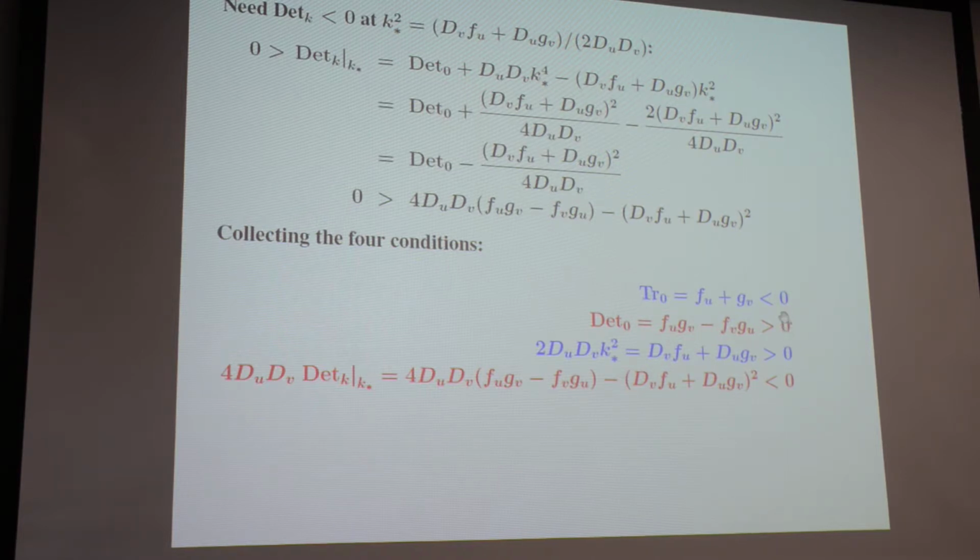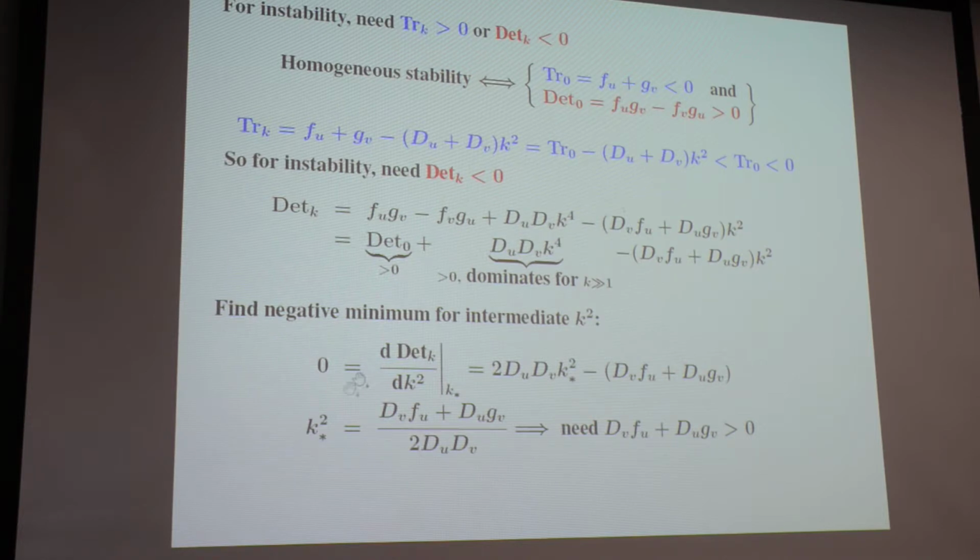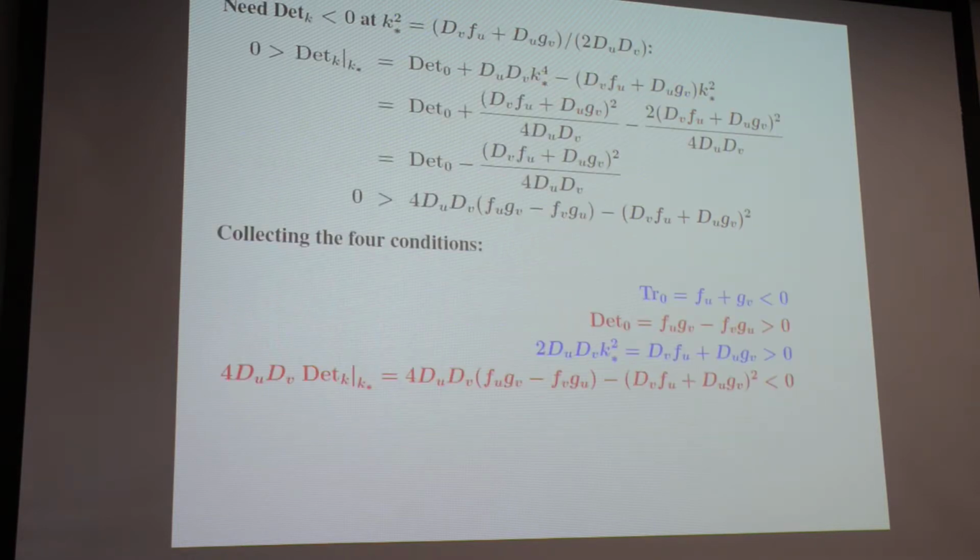The first two conditions just say that the homogeneous state is stable. The next 2 conditions are the ones that we just derived, that is to say, that the k squared that corresponds to the minimum is positive, and that the determinant at that place is negative. So those are the conditions for a Turing bifurcation, and that is the end of section 2, Turing.